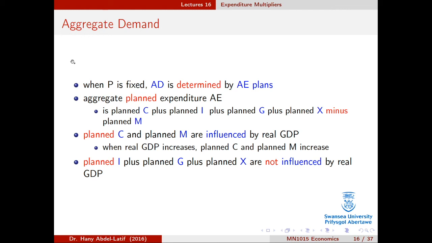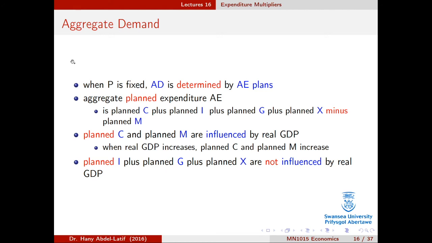So nothing new here, it's the same components: the sum of planned consumption expenditure plus planned investment plus planned G, government expenditure, plus X minus M.